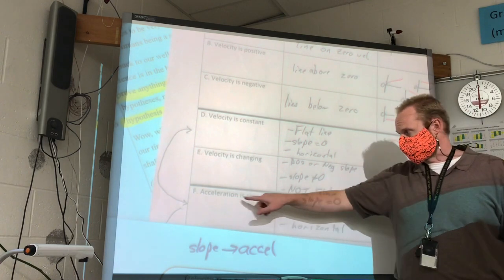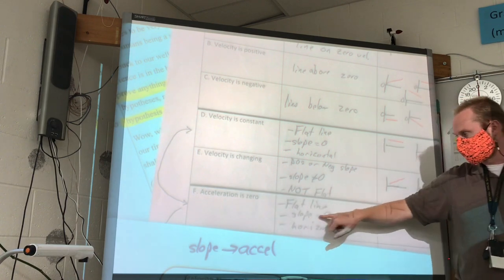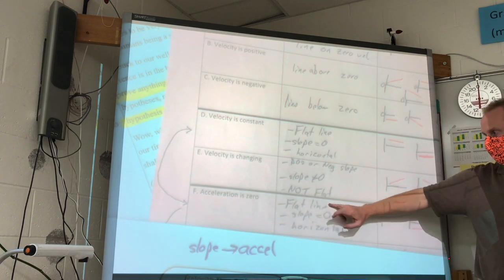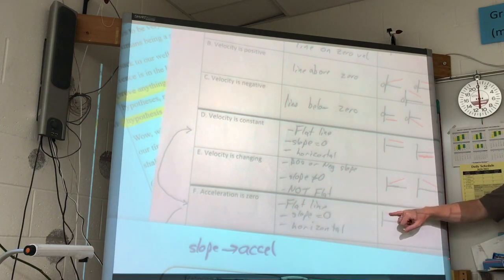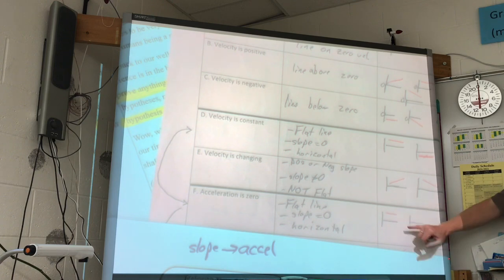So my acceleration is 0, that's because my slope is 0. A slope of 0 is a flat line or horizontal line. Okay, it could be a positive velocity with no slope. It could be a negative velocity with no slope. Or it's a 0 velocity with no slope. It's just a flat line right on the origin.